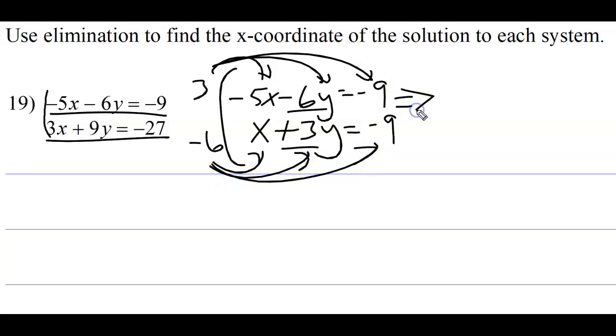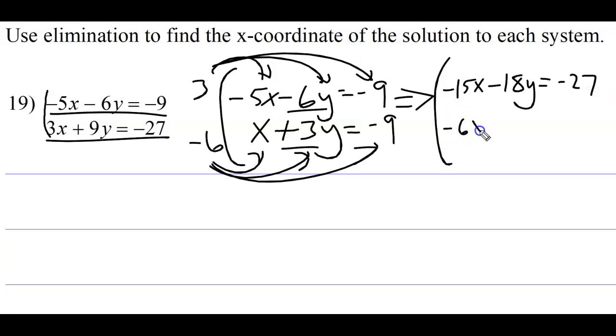And that's going to result in negative 15x minus 18y equals negative 27. And on the bottom, we're going to have negative 6x minus 18y equals 54.